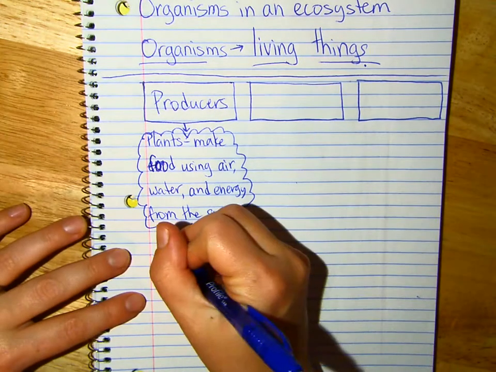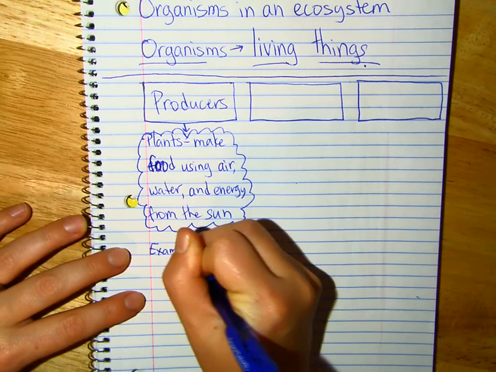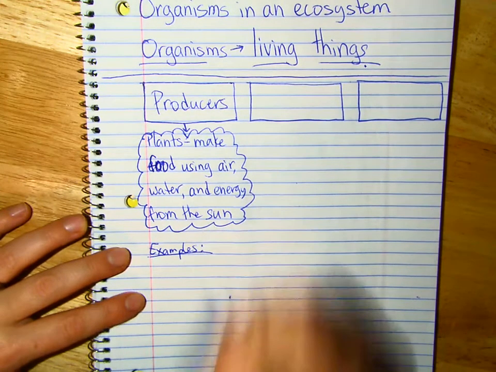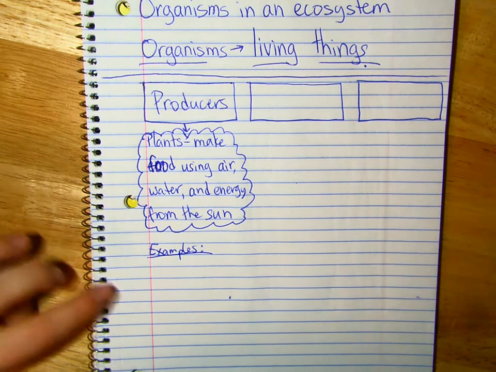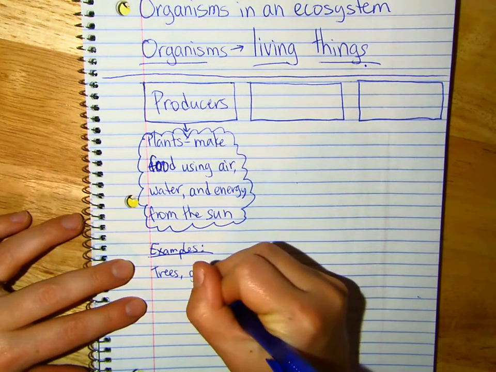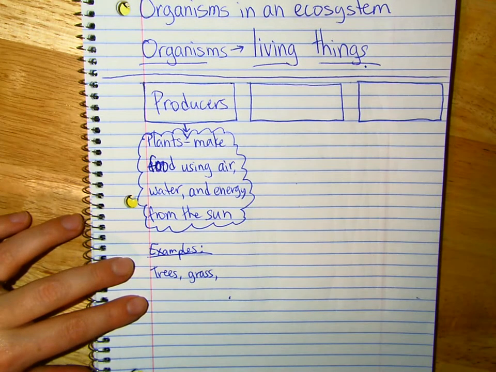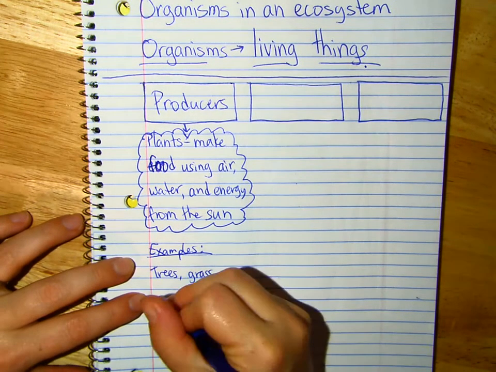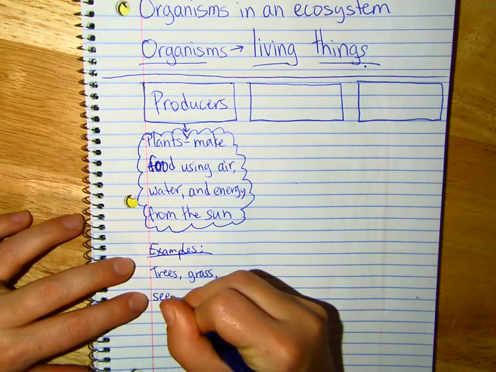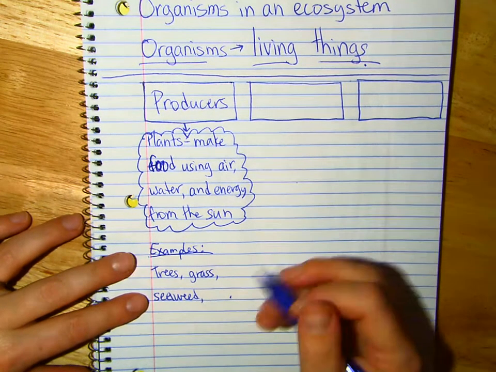Let's also show a couple examples. Now I'm going to add my own examples, but these are your notes. You could add your own examples. I'm going to add trees, grass. Ooh, we need to also remember the aquatic plants. What about seaweed? We also have plankton.